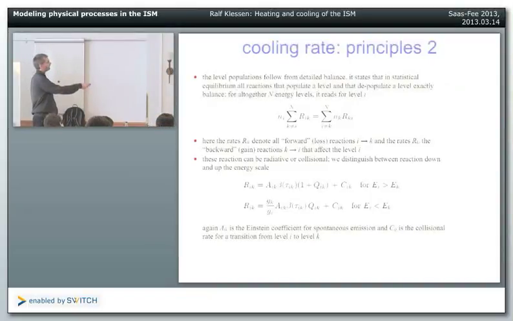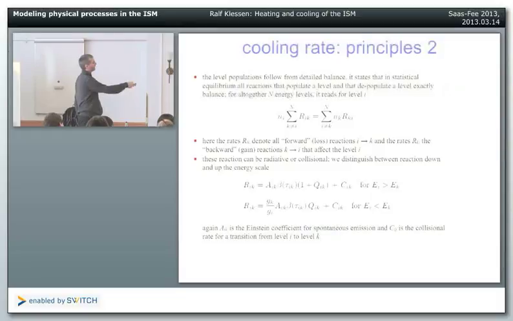So you notice that it looks very similar. I have level I populated, and I need to sum up over all transition probabilities from A to K. I sum up over all, let's say, levels I can reach. Of course, I must include myself.